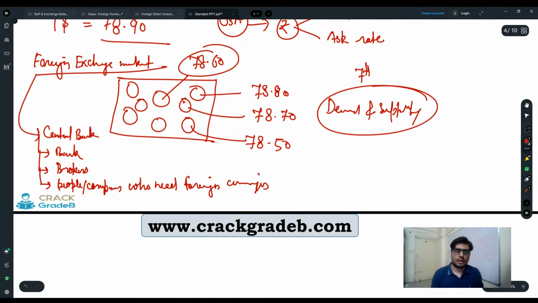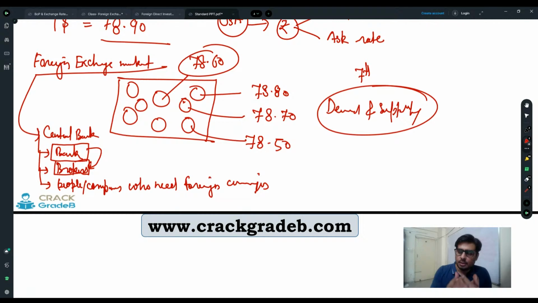currencies, right? So sometimes students ask, sir, if banks are also doing this activity, then why is there a need for brokers? Actually, banks do not do the exchange of currencies on their own. Banks do this with the brokers. Banks are also involved in the foreign exchange business, but they do it along with the brokers.